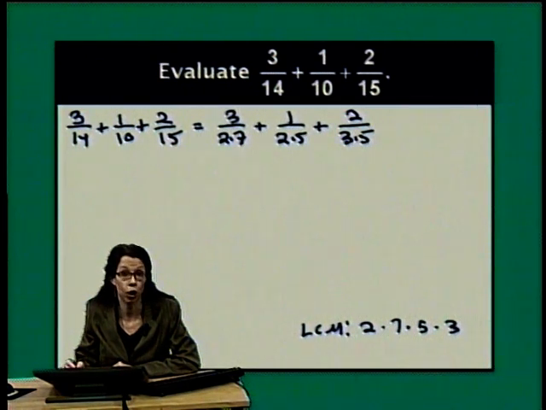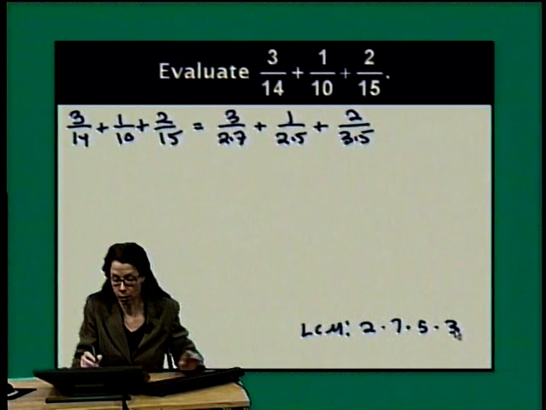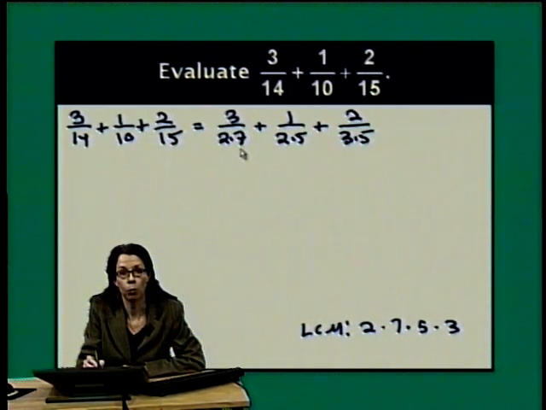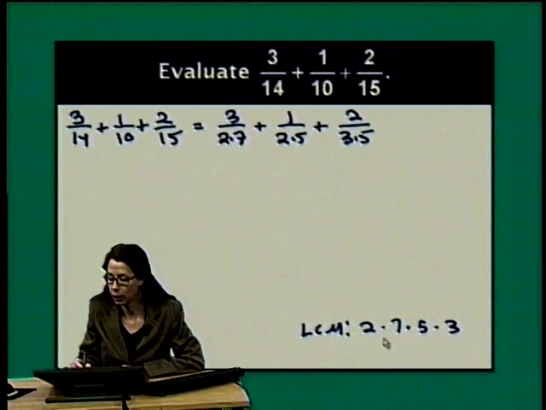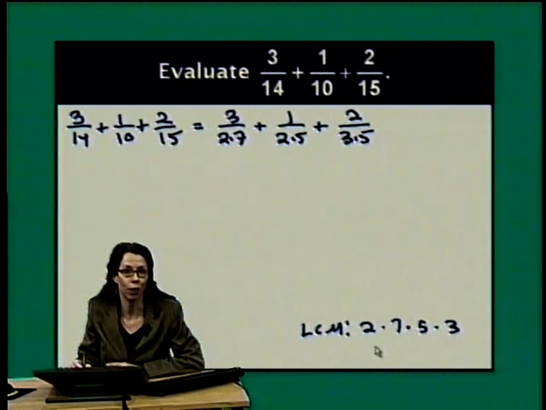Let's look at how many occurrences of these factors we have in each denominator. Only one factor of 2, one factor of 7. One factor of 2, one factor of 5. One factor of 3, one factor of 5. So I need no more than one occurrence of any of these factors.